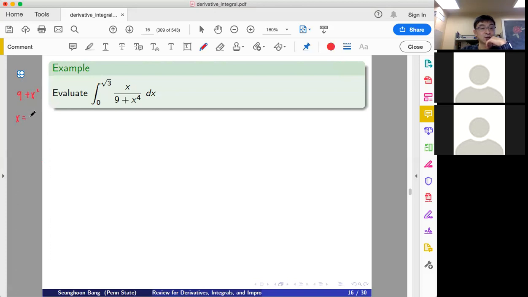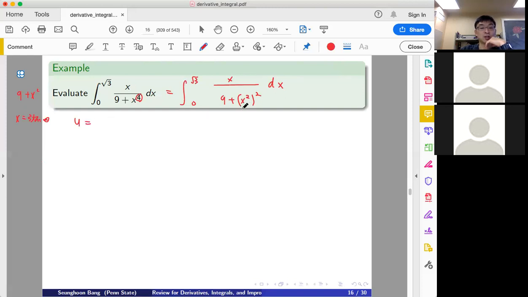X is 3 times tan theta, it's a good idea. But this is x to the 4. Is it the best way? You can change this one to the integral from 0 to root 3 of x over 9 plus x squared squared dx form. You have to use u substitution, it's better.